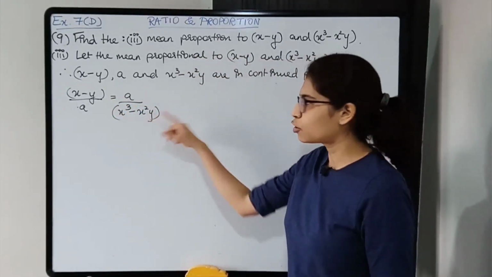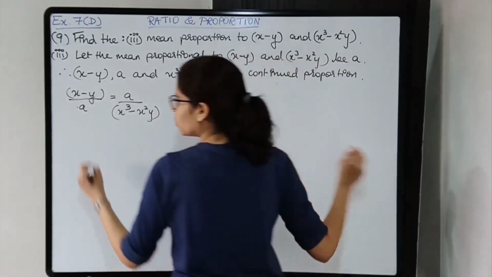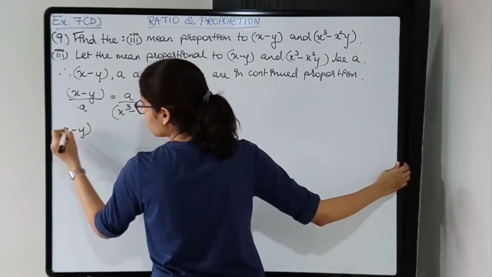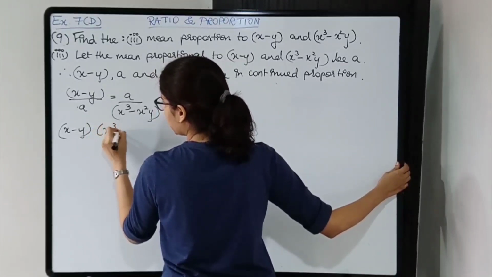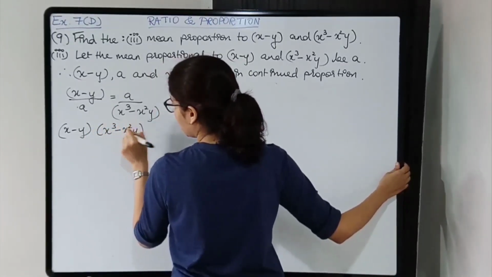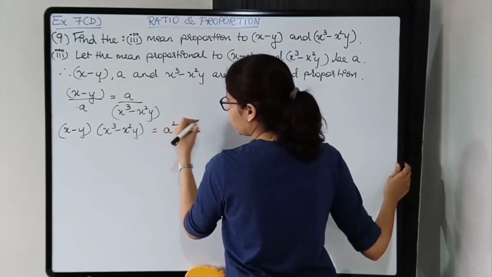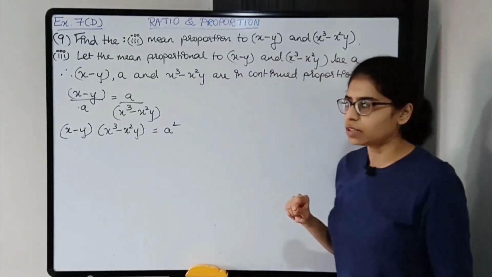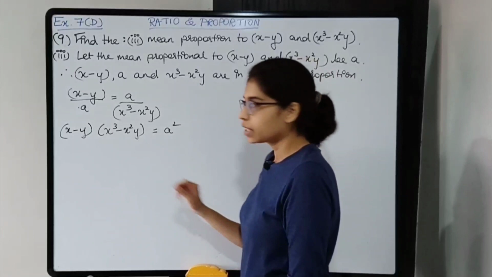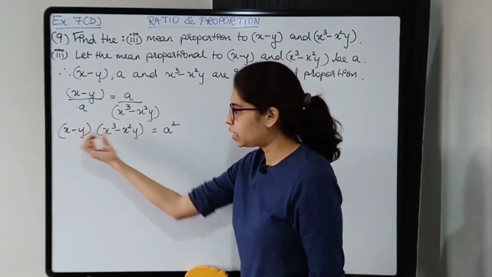Okay, cross multiply. So x minus y into x cube minus x square y is equal to A into A, that is A square. Now don't open the brackets, don't multiply the terms.